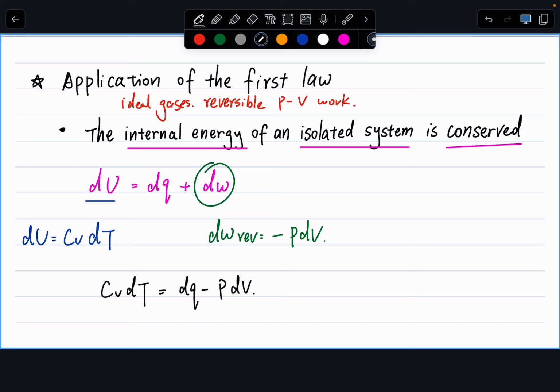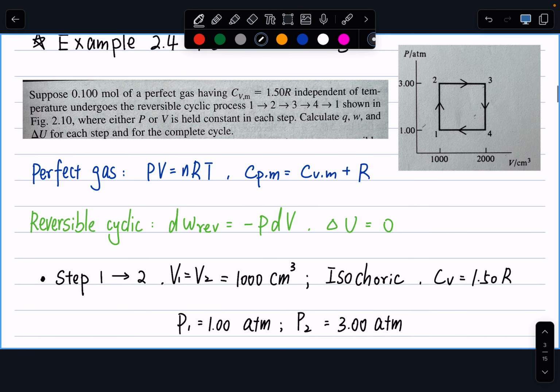We can start to use these relationships to solve for actual numeric answers in a specific thermodynamic cycle. Let's look at example 2.4 together. We read the question. There's 0.1 mole of a perfect gas with the molar isochoric heat capacity, Cvm, equal to 1.5 R. This Cvm is independent of temperature, meaning the heat capacity is a constant.